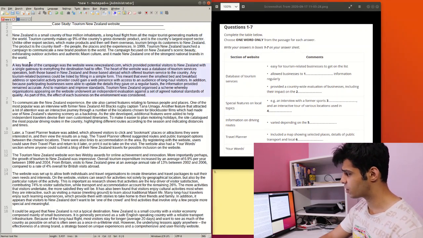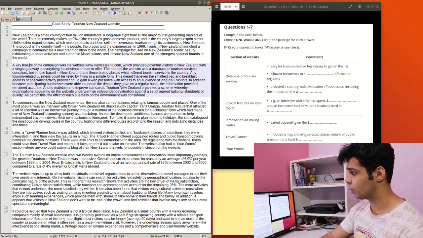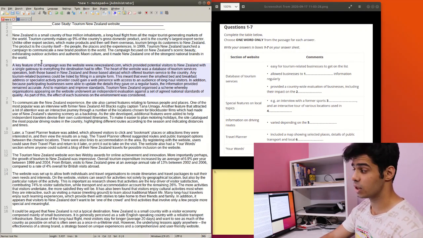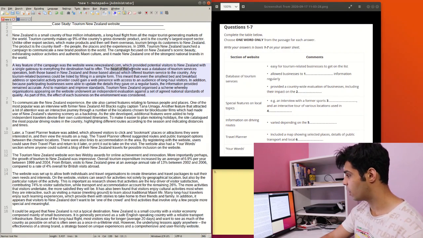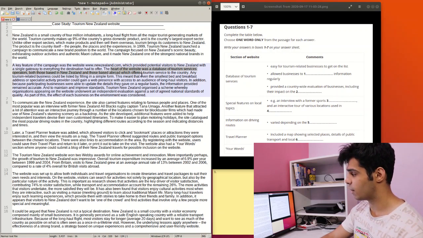Okay. So a key feature of the campaign was the website www.newzealand.com, which provided potential visitors to New Zealand with a single gateway to everything the destination has to offer. The heart of the website was a database of tourism operators, both those based in New Zealand and those based abroad, which offered tourism service to the country.